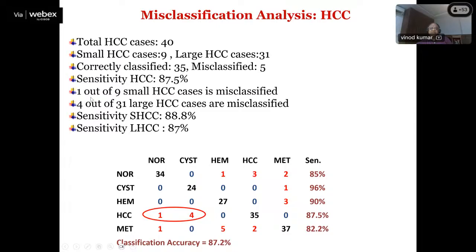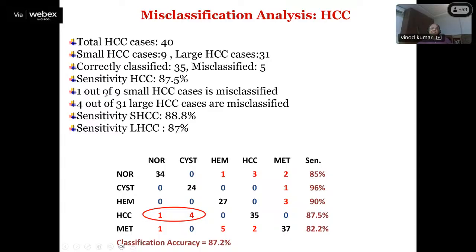We find 1 out of 9 small is misclassified, but 4 out of 31 large are also misclassified. So in both small and large, misclassification is similar. The data is 4 times more, so misclassification is also 4 times.